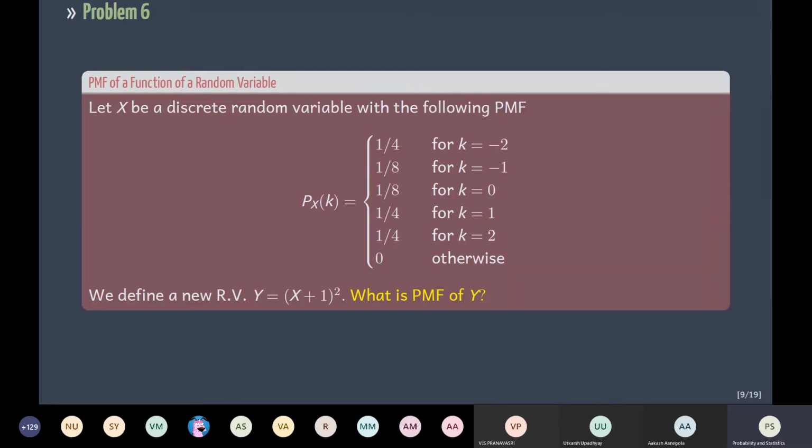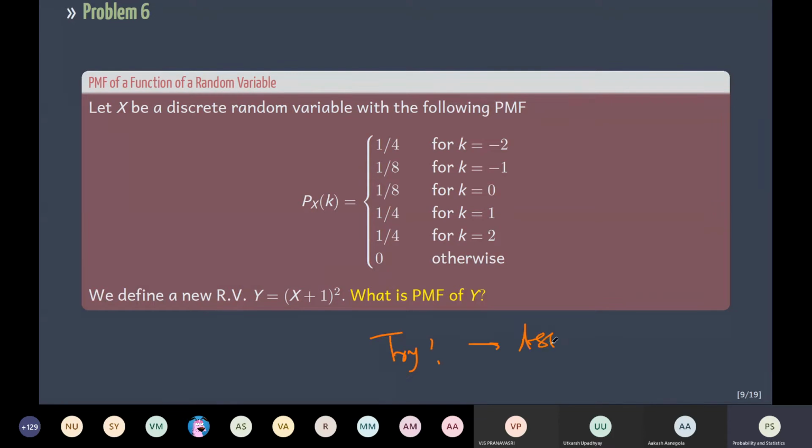The range of Y you can find: the range of Y is just the range of X, plus 1, and then squared, and then from there you find the PMF of Y. You can try this. I will put this in the assignment.